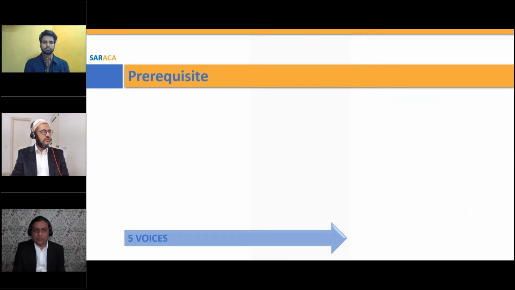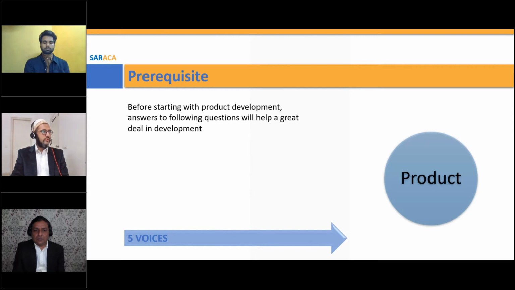So let's talk about the prerequisites. Before starting with product development, answers to the following questions will help a great deal. So you have your product. Before even starting, you know what product you are going to do, but you need to know who your user is, what market segment it belongs to, and what your user actually wants.